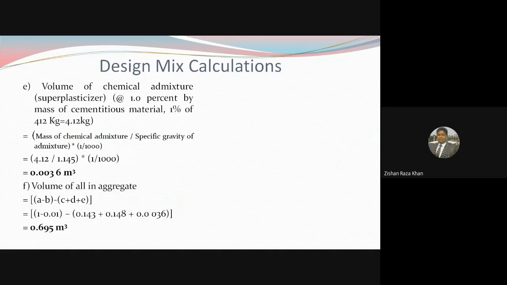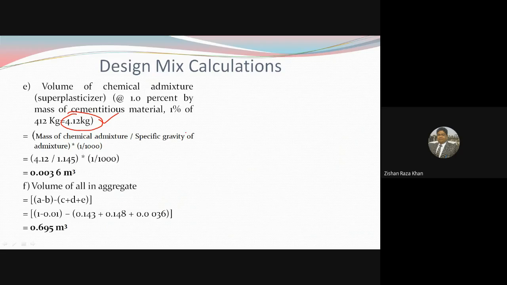Okay. Now volume of plasticizer, 1% of the cementitious material. So 4.12 kg. No, this is calculation error. Okay, because the specific gravity is 1.145. 1% by weight है. Okay, sorry.